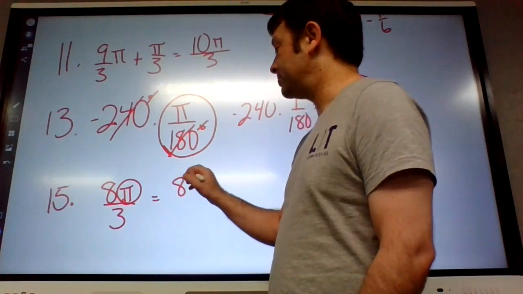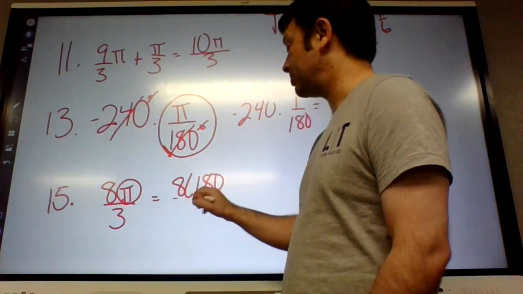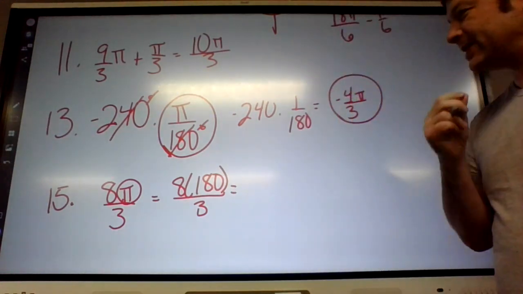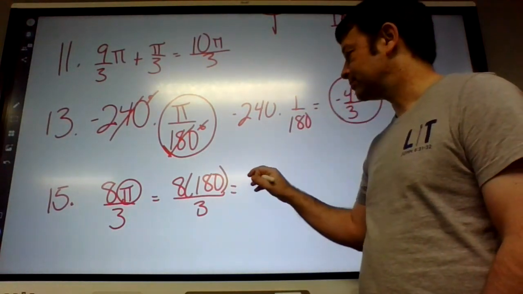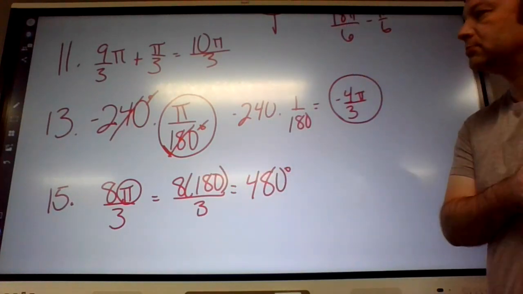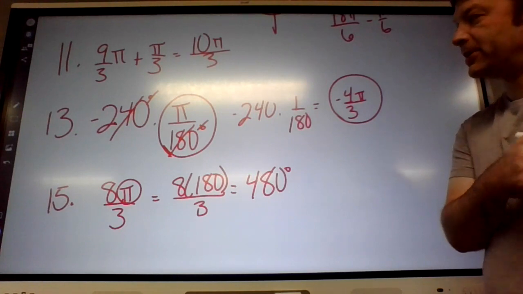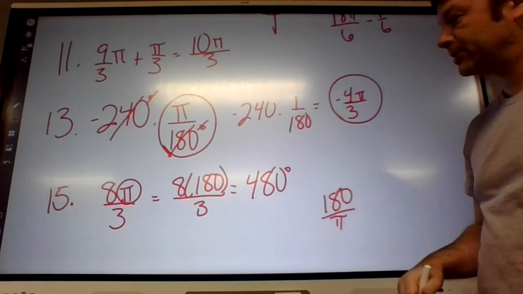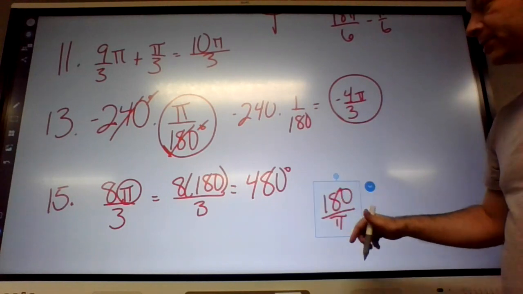So you can just do 8 times 180. Just throw 180 in there, and that would get it. 480. You could also multiply the whole thing by 180 over pi. Divide out the radians, multiply them.